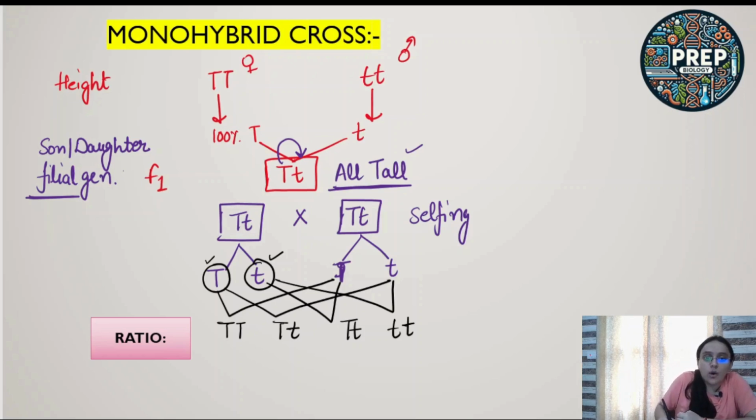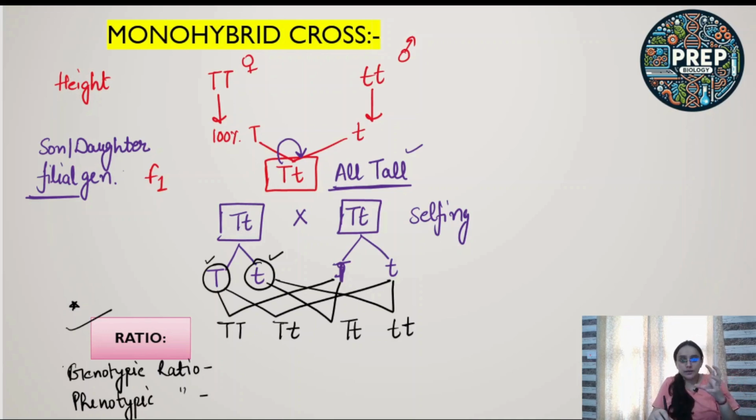Now it's time for the ratios. We have two types of ratios: first is the genotypic ratio, and second is the phenotypic ratio. Genotypic ratio shows the genetic makeup of an individual.